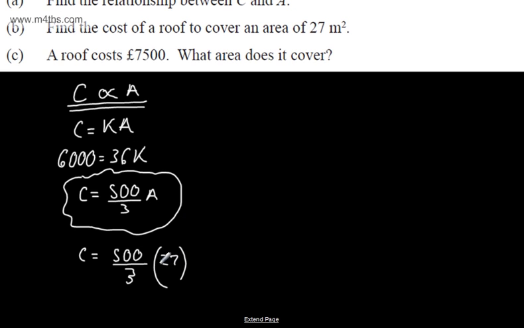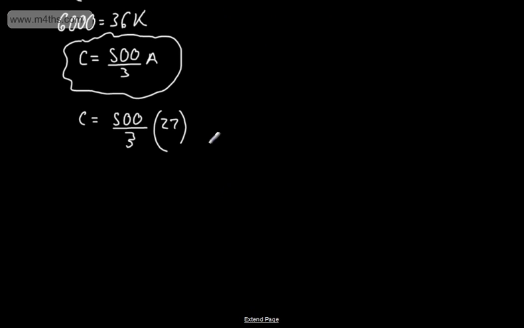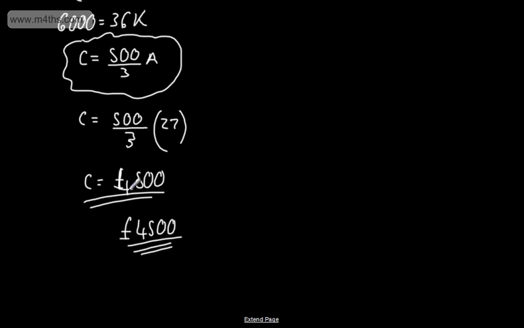You can do this on a calculator if you wish. 27 over 3 is going to give me 9. 9 times 500 should give me 4,500. Let's just write in C as 4,500, using my pound notation afterwards. And again, we could work that out on a calculator if you were unsure.